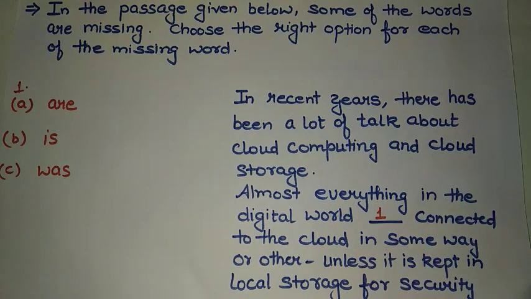So the question says, in the passage given below, some of the words are missing. You have to choose the right option for each of the missing words and place it at this fill up, okay? And see, before directly going to options and filling the blanks, it is advisable that you go for a quick reading.